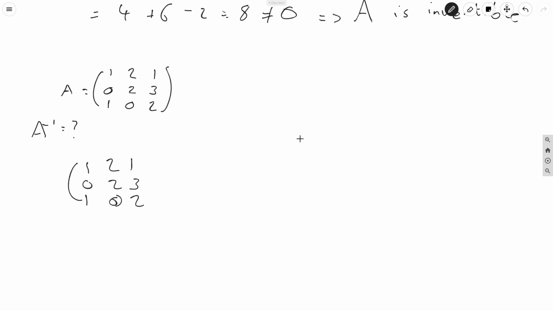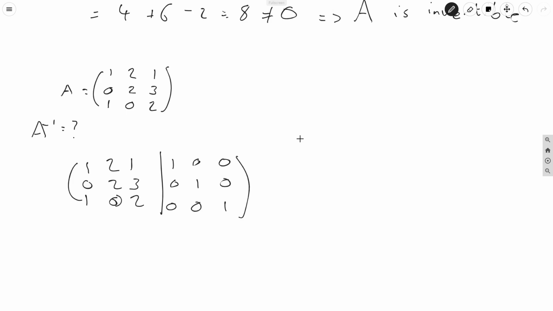We're going to draw in the augmented matrix bar line again, except instead of a single column of numbers here, we're going to put in the identity matrix: 1, 0, 0, 0, 1, 0, 0, 0, 1.